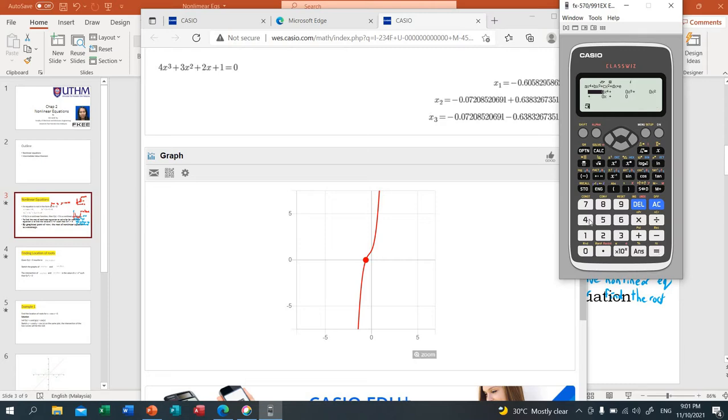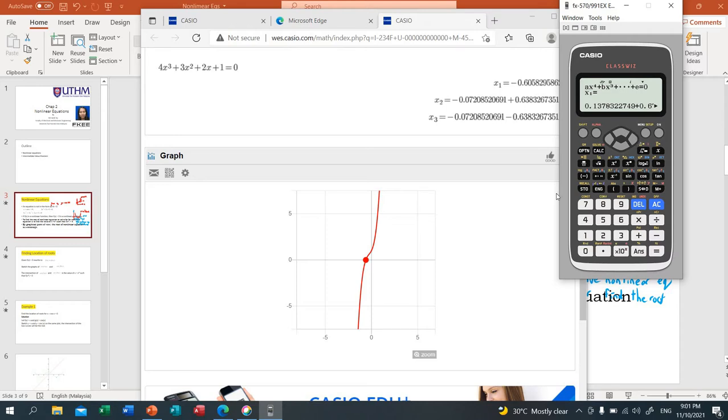Just simply put 5, 4, 3, 2, 1 as a polynomial of degree 4. So for degree 4, you should have 4 roots. Root number 4 is complex, number 3 complex, number 2 complex, number 1 also complex.